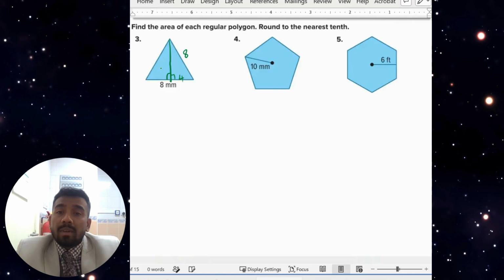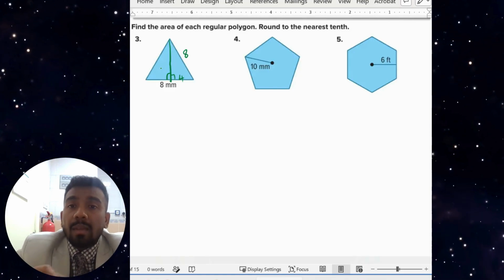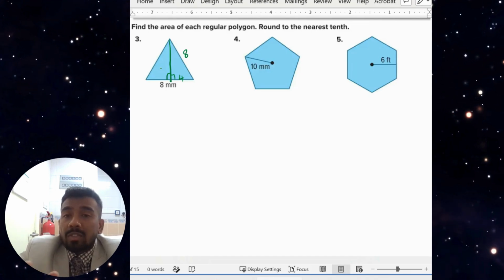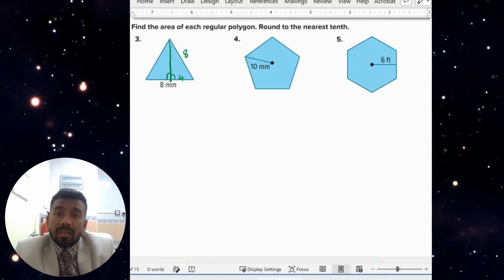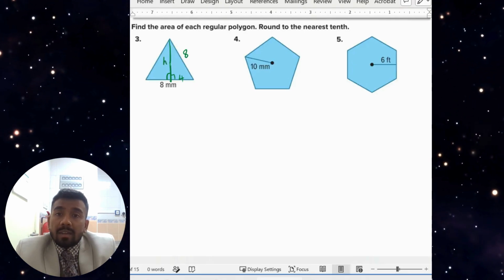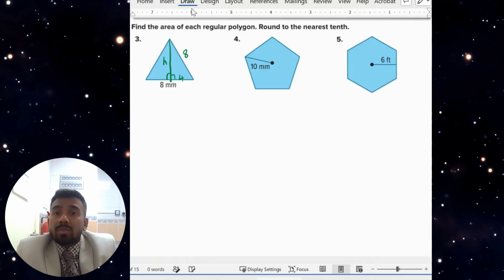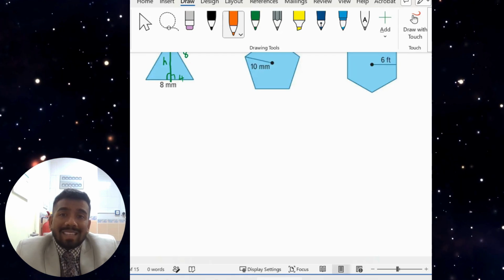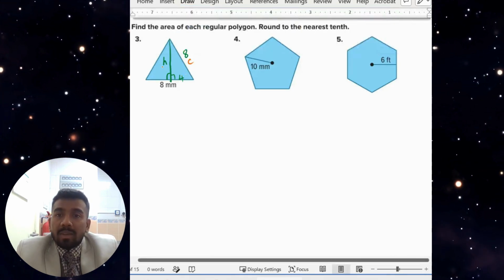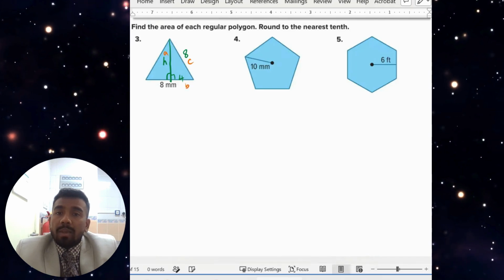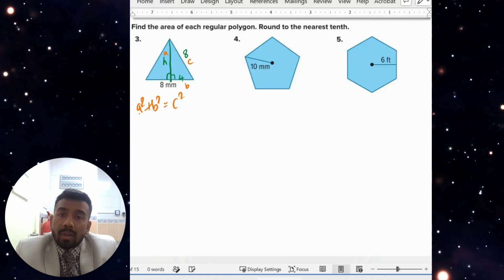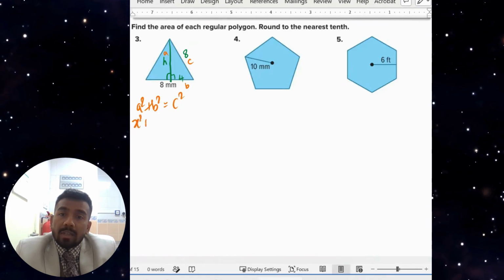So how much will be the height? As it's an equilateral triangle, all sides will be the same. So that's 4, that's 8. To find this height, in the same way, whenever you have 90 degrees, what kind of formula will you use? A, B, C. Let this be C, this will be A, that's your B. A square plus B square equals C square. A is your H, that's X square.